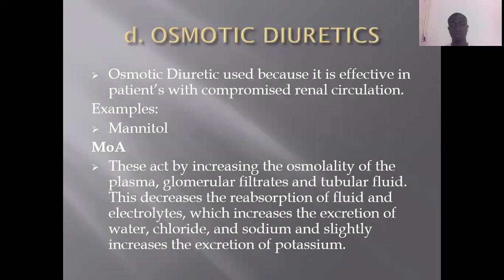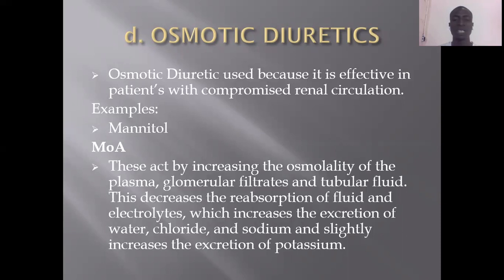Okay, we are going to look now at the fourth diuretics, the osmotic diuretics. Osmotic diuretics are used because they are effective in patients with compromised renal circulatory system. When the client has a compromised circulatory system, you can give osmotic diuretics. Mannitol is one of them.